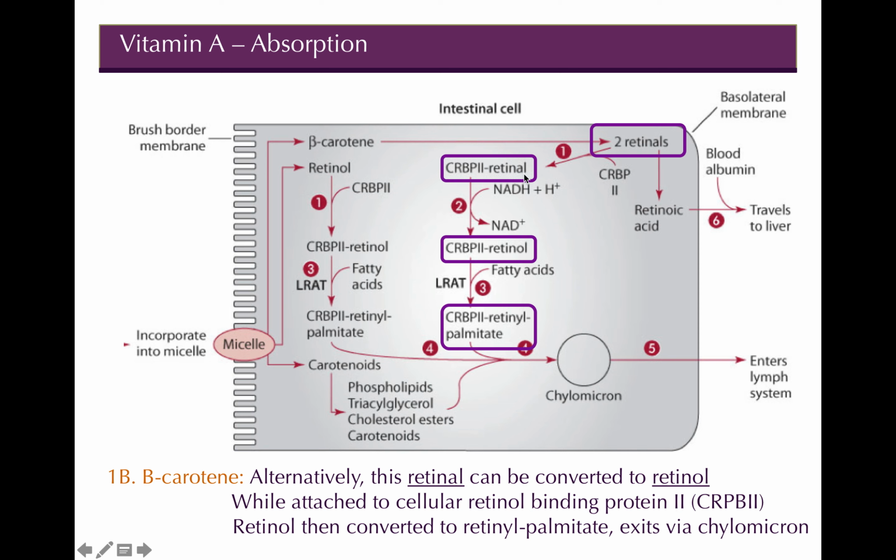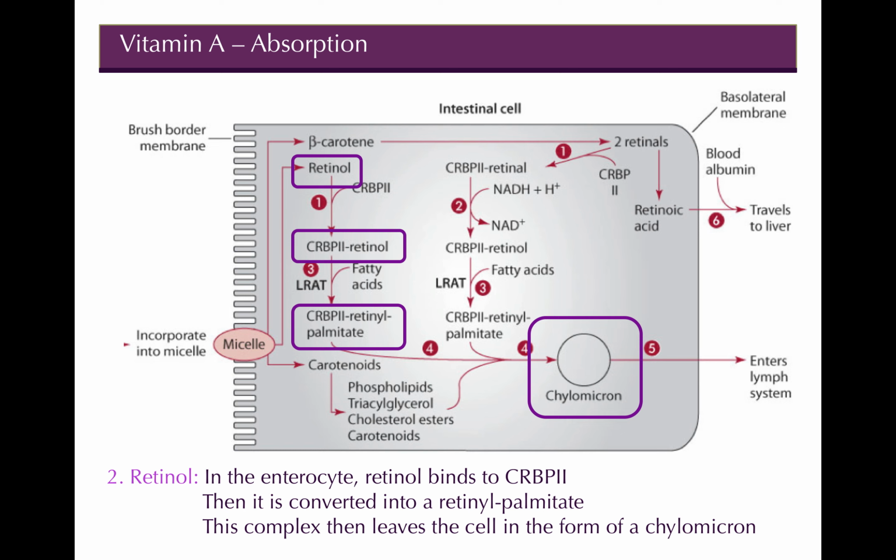So the retinal becomes retinol, and then it's converted to retinol palmitate, and then boards the chylomicron, and then exits the enterocyte. So for retinal, you either look at the first pathway, where it becomes retinoic acid and it's out, or alternatively, the retinal becomes retinol, then retinol palmitate, and then leaves via the chylomicron.